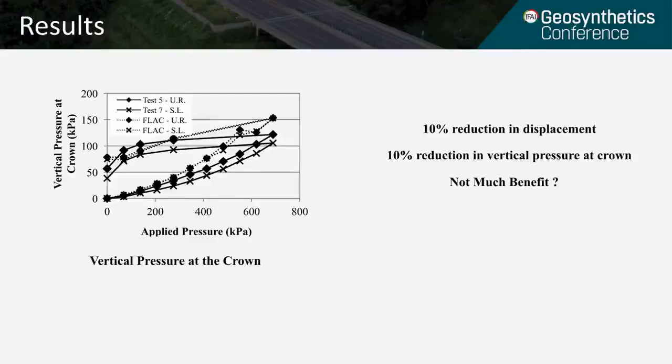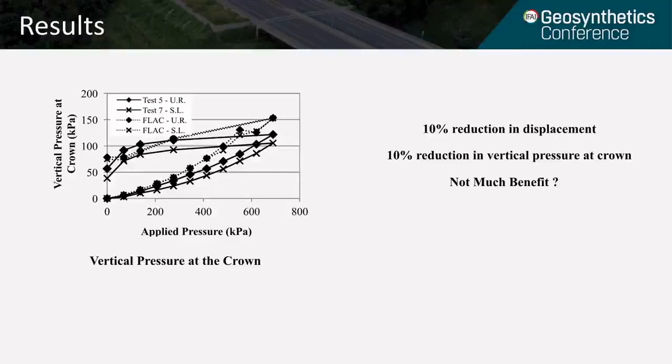So we measured in the laboratory results an approximate 10% reduction in the displacement and a 10% reduction in the vertical pressure at the crown of the pipe. While the numerical model had mixed results, the general response of the numerical model matched the laboratory models, but the difference between the unreinforced and reinforced conditions was difficult to capture.